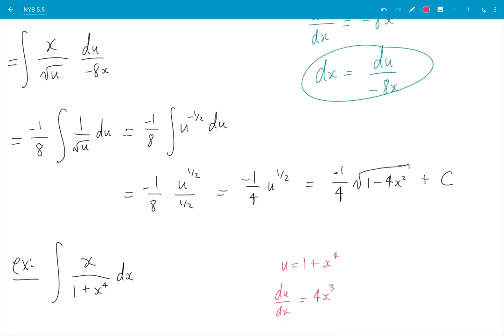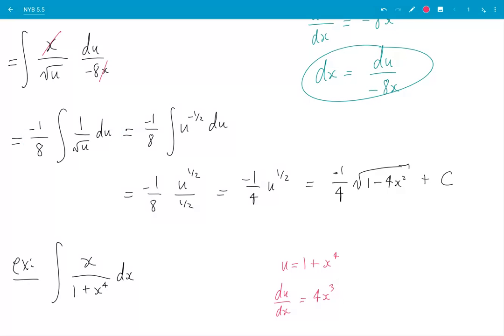Well, let's look up here to see why I was happy up here. So look at my red circle up here. I'm happy here because my x's are canceling perfectly. Okay, you must not have mixed variables. When you come to this stage, you want to have just a single variable u.